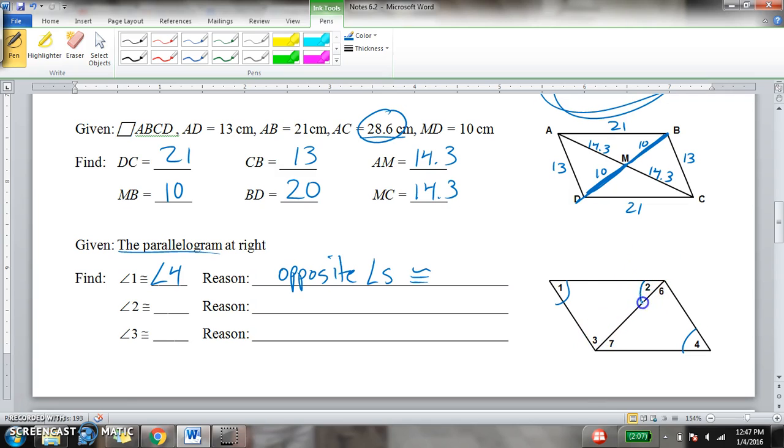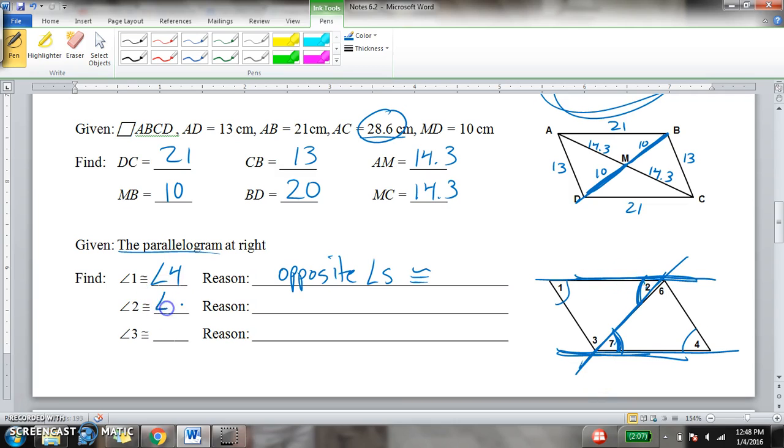We learned that since this is a parallelogram, and these two lines are parallel, this line we call a transversal, which means that this angle right here is congruent to this angle right here. Those are called alternate interior angles, because they're inside these parallel lines, but on opposite sides of this transversal. And we know that alternate interior angles are congruent.